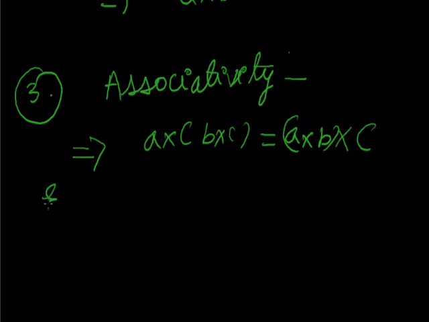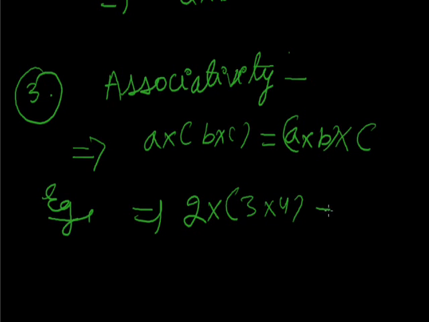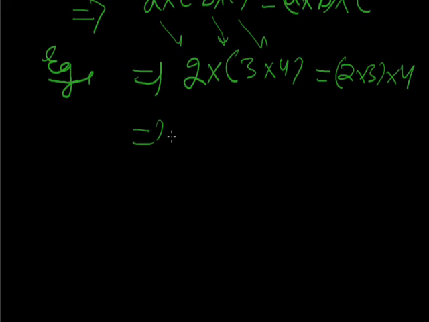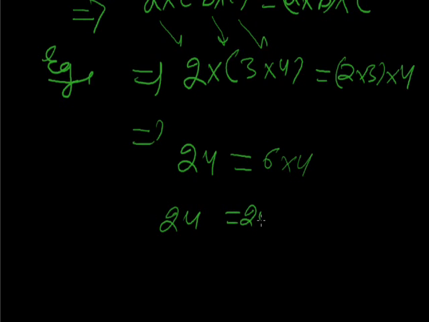Let's say for example (2 multiplied by 3) multiplied by 4 is equal to 2 multiplied by (3 multiplied by 4), where a is 2, b is 3, c is 4. On the left side, 2 into 3 gives you 6, 6 into 4 gives you 24. On the right side, 3 into 4 is 12, and 2 into 12 is 24. So the answer is 24 equals 24, which implies that this property also holds good.